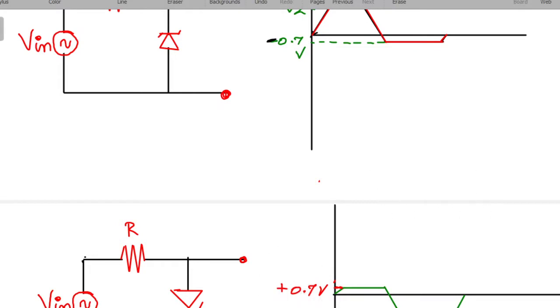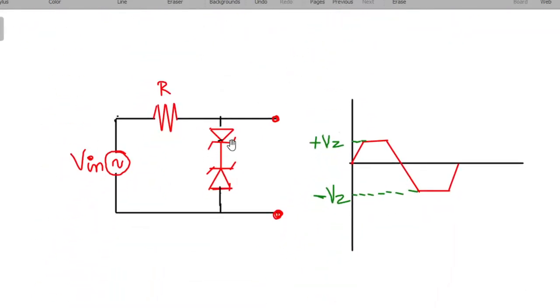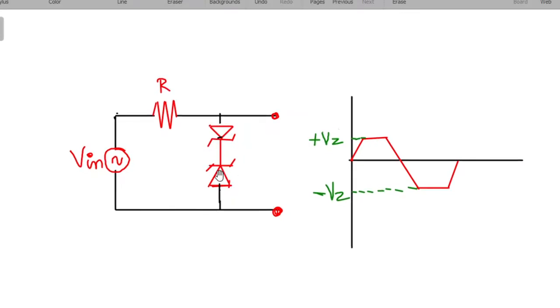Now we can use two Zener diodes in opposite polarity, one opposing the other. During the positive half cycle, one is in reverse bias and gives VZ, and the other is forward biased and gives 0.7 volts.